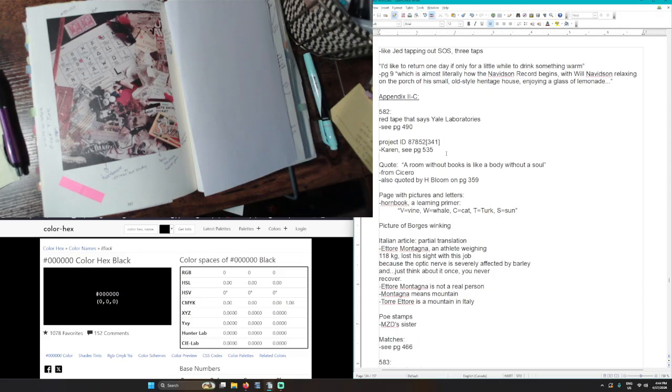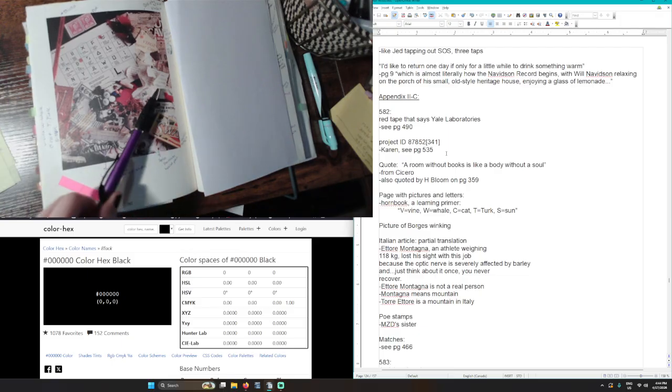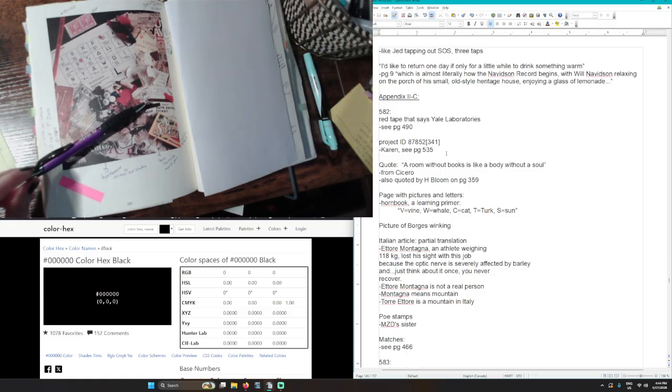So this is a reference to Karen. If you look on page 535, that's her project number for psychiatric thing. We get this quote here, partial quote, but it's from Cicero, that says, a room without books is like a body without a soul. It's also quoted by Harold Bloom on page 359.